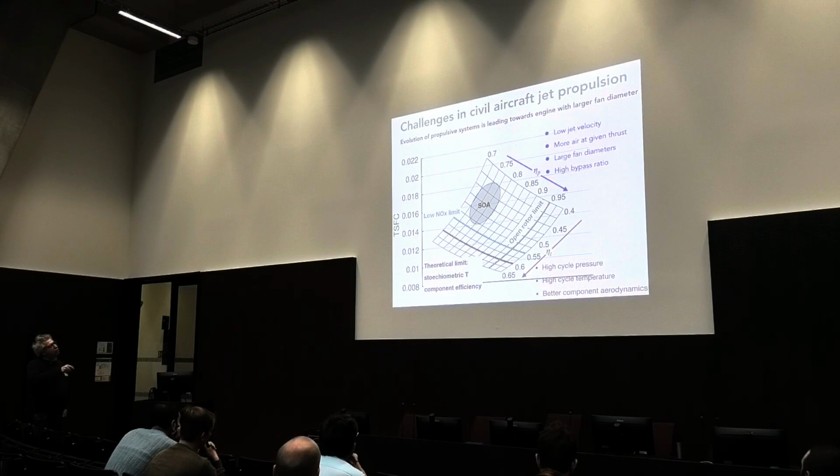So either you try to increase the propulsive efficiency, or you try to increase the thermal efficiency. Increasing the propulsive efficiency means lower jet velocity, as we saw, more air for a given thrust, a very large fan, this very large ventilator. Today the diameter of a fan is more than 3 meters, and a very high bypass ratio that we just defined.